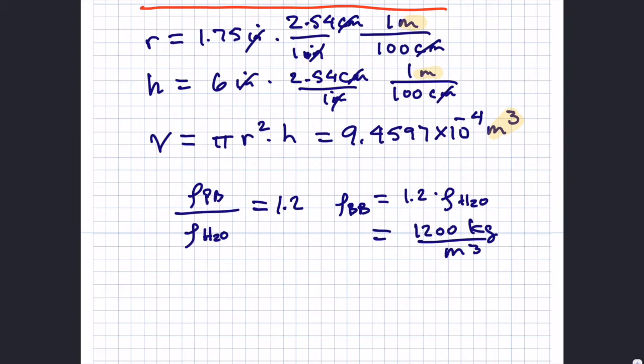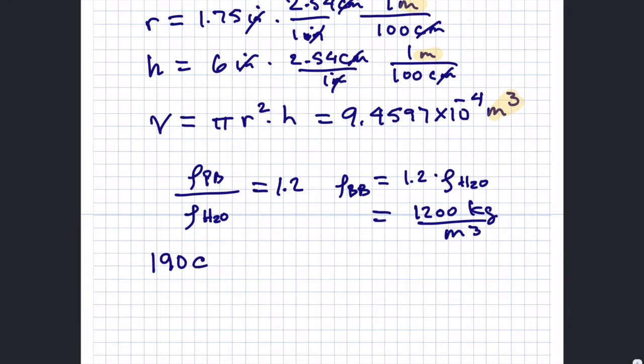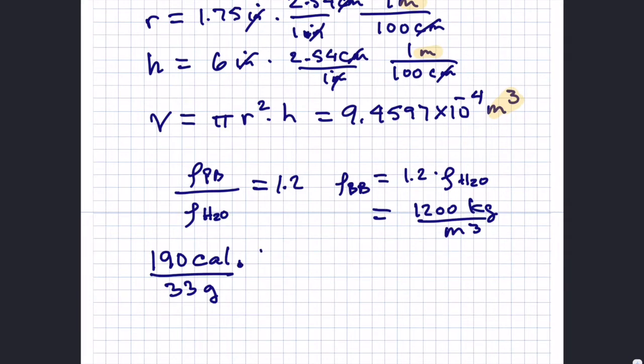So at this point, we can start doing the dimensional analysis. I think the way I would do that is start with the 190. We have 190 calories in 33 grams. How did I know to write that? Well, I've done a lot of these problems, so this is a ratio. I write that down. Then I know that I have 1,000 grams in 1 kilogram.